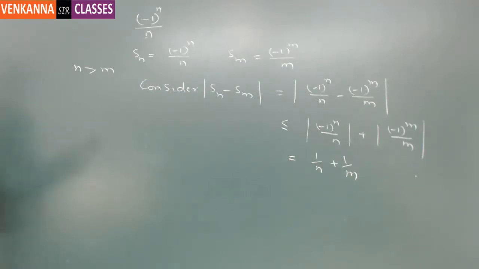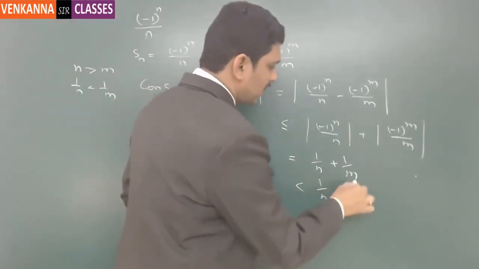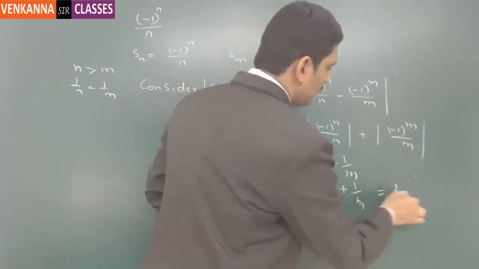Right. All we want to do is first make a possibility for epsilon, and based on that we should specify a term number. Since you know that n is greater than m, 1 by n is less than 1 by m. So here you can say that this is less than 1 by m plus 1 by m, so the value is 2 by m.